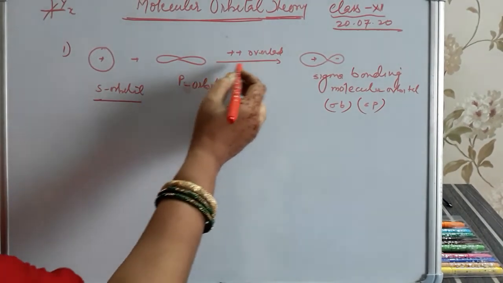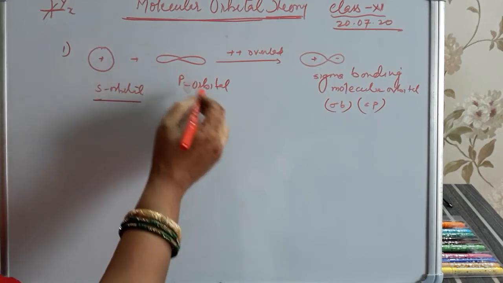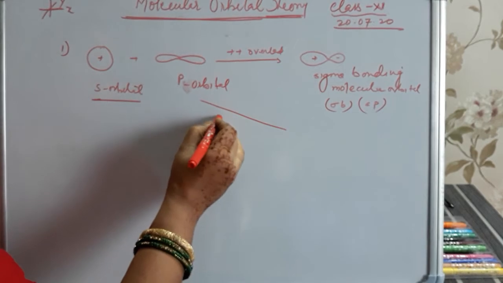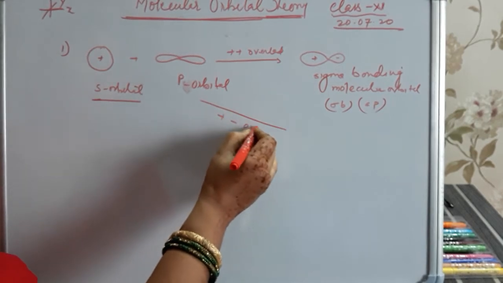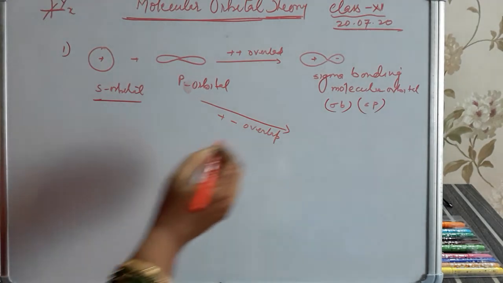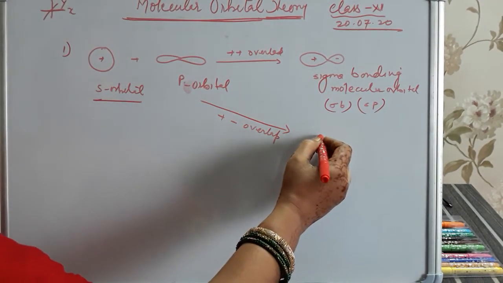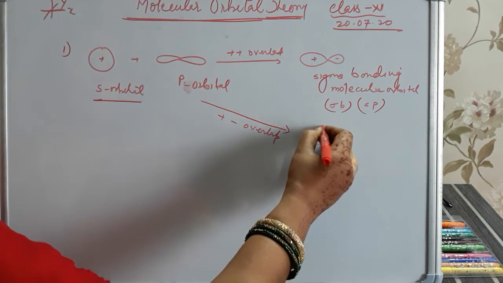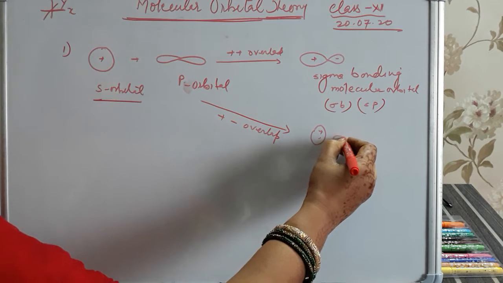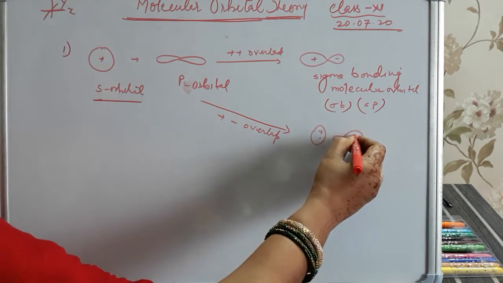Similarly, when this s and this p orbital undergo subtraction overlap, that means plus minus overlap, another molecular orbital is formed, called the anti-bonding molecular orbital, formed like these types.